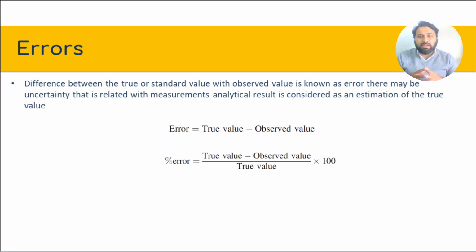So what actually is the definition of error? In pharmaceutical analysis, the difference between the true or standard value and the observed value, the value which we get during the practical, during the experimentation, and after the procedure, is known as the error.